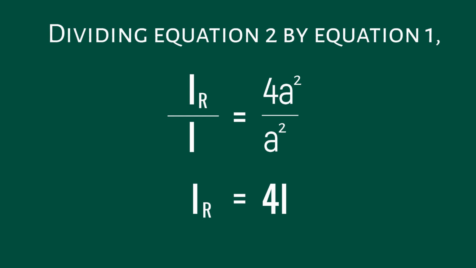So finally we get IR equals 4 times I. This means the intensity of light at the bright pillar equals 4 times the intensity of light of an individual torch. Busted. So the missing light was hiding at the bright pillar. Now I'm going to show you a real demonstration of interference of waves.